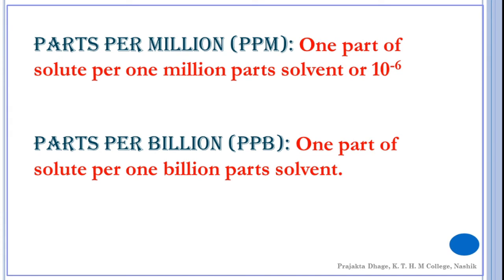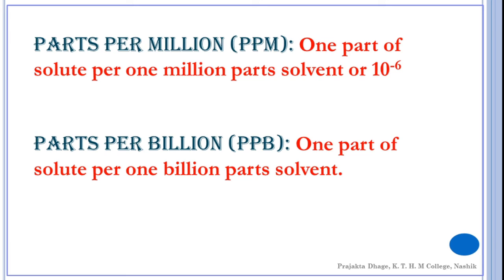that is parts per million, that is ppm. Now, what is parts per million? This is a way of expressing very dilute concentrations of substances. Just as percent means out of 100, so parts per million or ppm means out of a million.